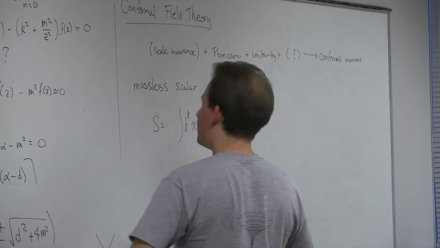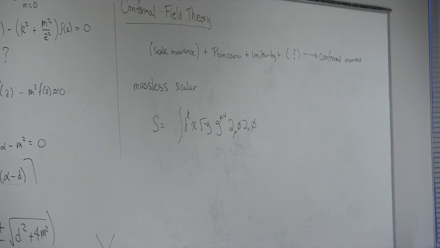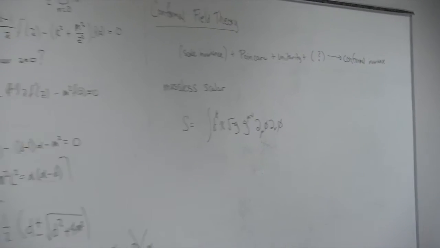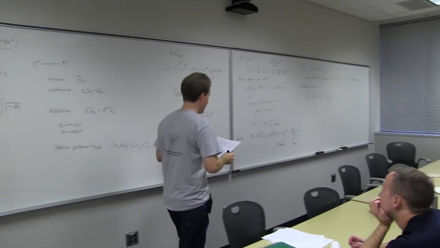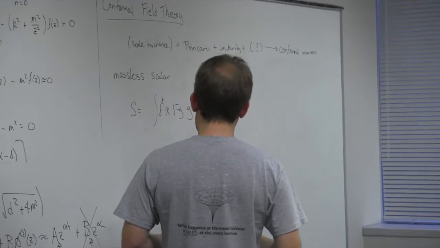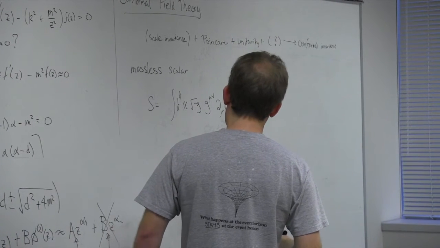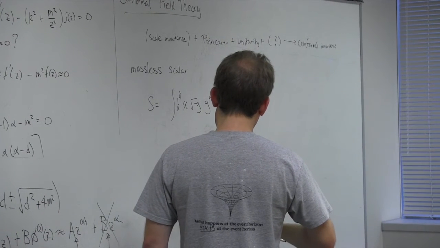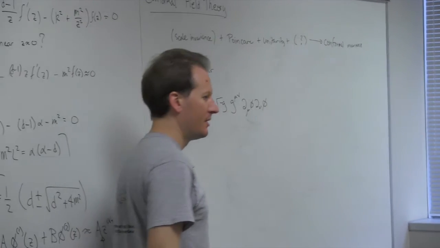Before we were talking about coordinate transformations that left the metric invariant. But you could also ask about coordinate transformations that leave the metric in the same form up to a multiplicative factor.